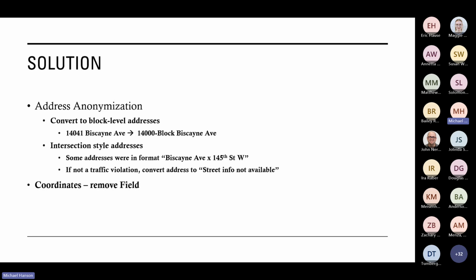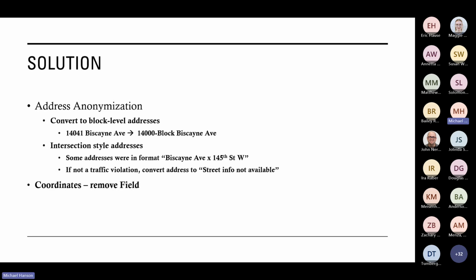So you get a point that says domestic dispute at this intersection. It's really obvious, who is fighting there. So I made the decision, unless it's a traffic violation, just to replace this kind of address altogether with street info not available. So kind of erring on the side of caution, especially since this is an automation. I just don't want to take any chance of something coming out that does personally identify someone.